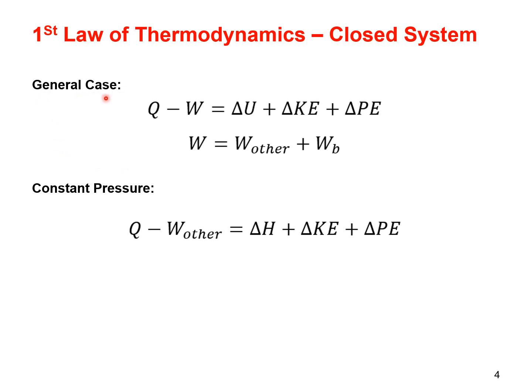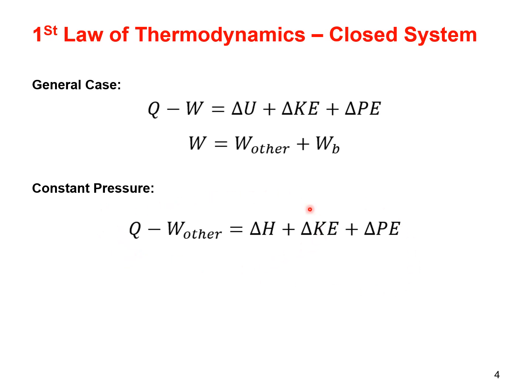If you take this general case and apply a constant pressure, for example, if a process occurs under constant pressure, you can simplify this equation a lot because you can take the boundary work and the internal energy and combine them together in what's known as the enthalpy, represented by this capital H. So in that case, only at constant pressure, be very careful in these kinds of problems and make sure it says constant pressure if you're going to use this equation.